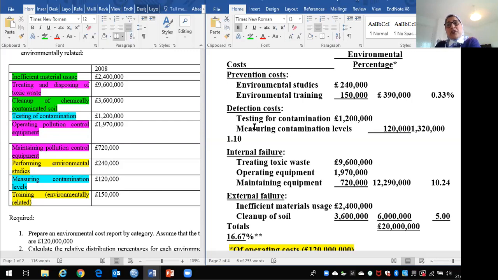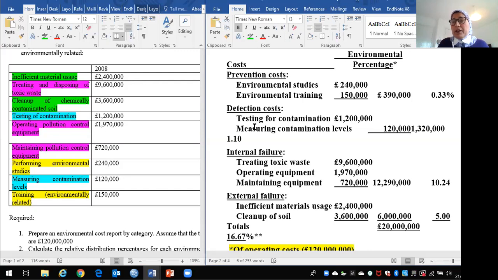The percentage of students who get it correct is something like 95%. It's always the confusion in the two categories in the middle, detection and the internal failure, or for environment, appraisal and the internal failure. So please just work hard on this.